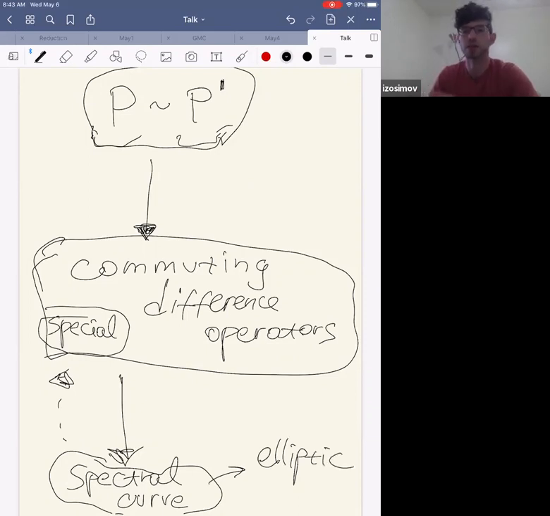So we can show that the genus of this curve is equal to 1. This step in particular uses that P here is not an arbitrary polygon, but a convex polygon.